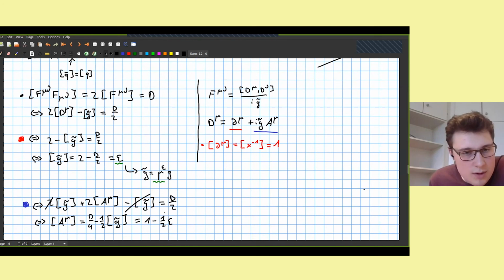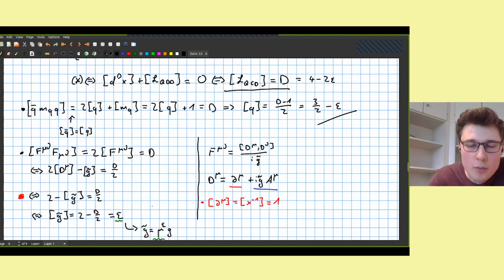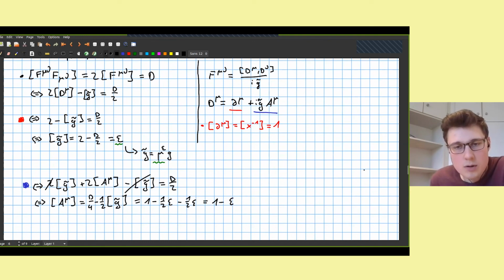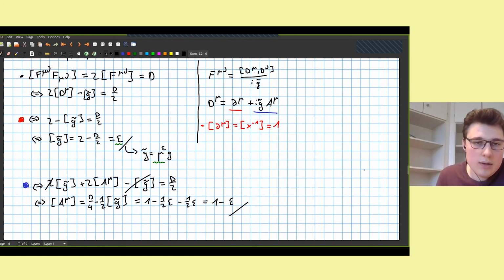Mass dimension of A mu is D over 4 minus 1/2 G twiddle. D over 4 is 4 minus 2 epsilon over 4. This is 1 minus 1/2 epsilon, minus 1/2 epsilon, and this is 1 minus epsilon. Okay, so that's our last result.